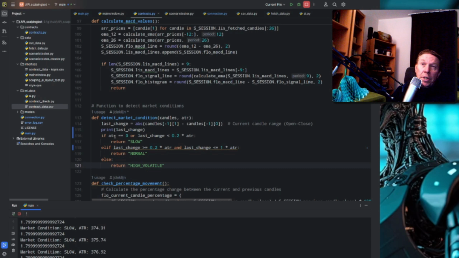Then if the ATR we just calculated is equal to 0, or the last change is smaller than 20% of the ATR, then we return a slow market. If the last change is bigger than or equal to 20% of the ATR and smaller than or equal to 1 times, 100%, the ATR, then we get a normal market, and everything above the 1 is called a high volatile market. So this is the new detection of how volatile the market is, and whether we should or shouldn't open a position.